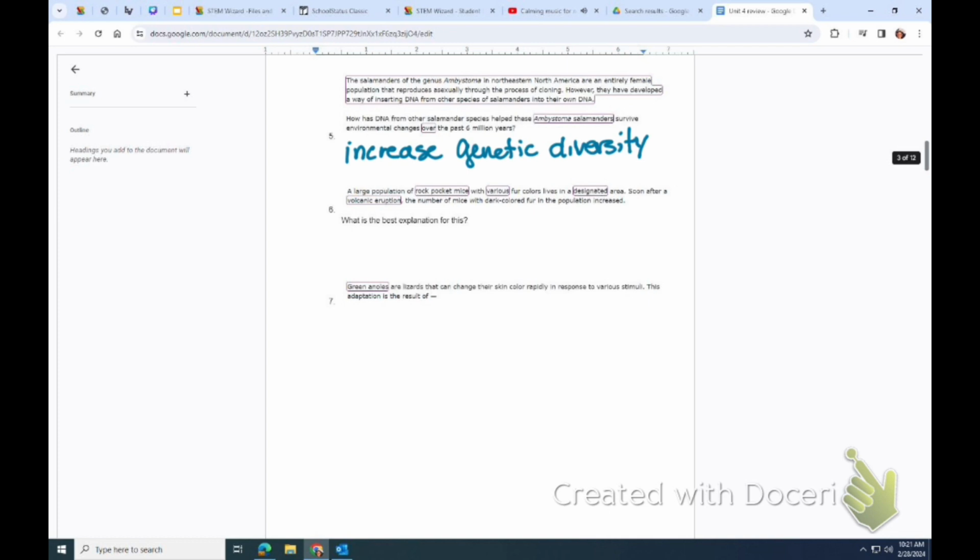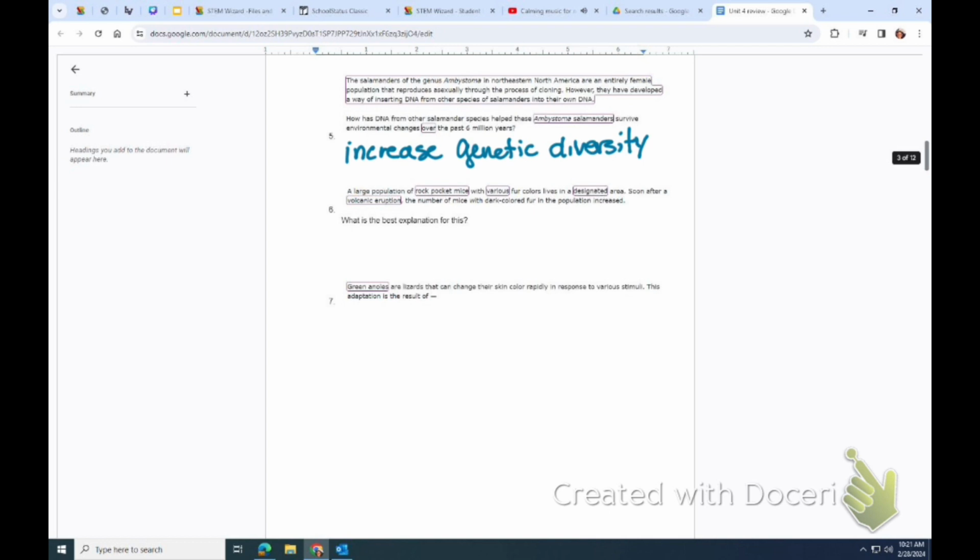Number 6, a large population of rock pocket mice with various fur colors lives in a designated area. Soon after a volcanic eruption, the number of mice with dark-colored fur in the population increased. Why? Xander? Because the one with the darker fur survived. Yeah. Do you remember the word we use when we talk about an animal's survivability and ability to reproduce?